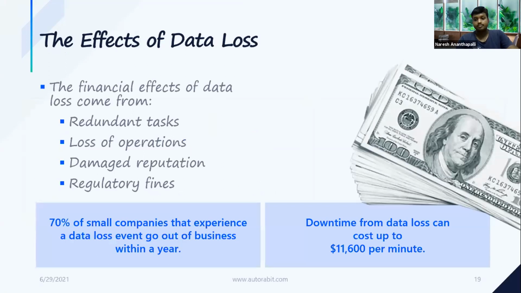Having a continuous backup strategy in place that can be leveraged to recover from such scenarios, or at least limit the data loss with minimal RPO, the recovery point objective, or recovery time objective, helps us address such scenarios.